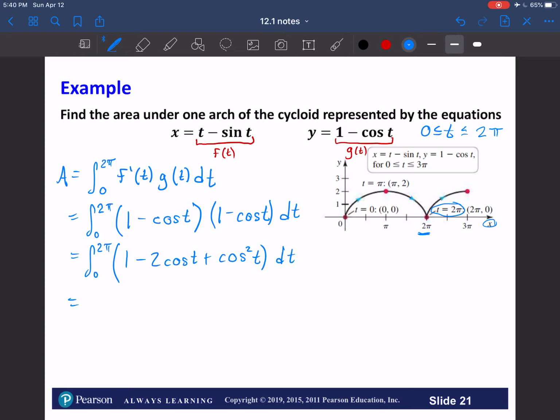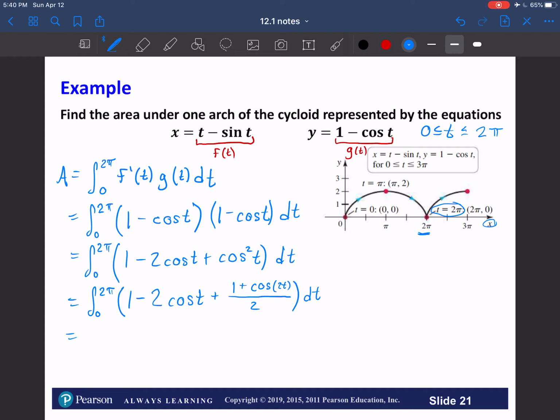dt. If you remember back to trig integration, there is a small thing that you should recall from previous sections. This cosine squared of t can be rewritten specifically as 1 plus cosine of 2t, all divided by 2.